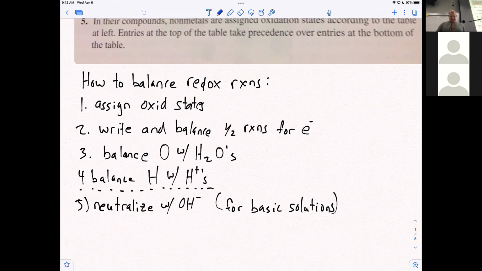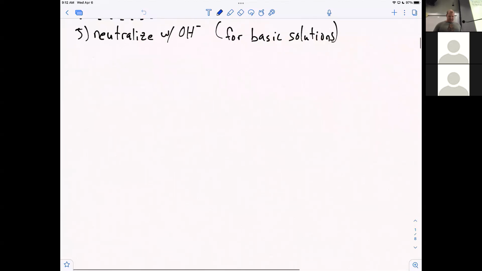Balance the oxygens with waters and balance the hydrogens with H pluses. If you are balancing in an acidic environment, you're done at step number 4. For a basic environment, you neutralize with hydroxides and then subtract the waters for an alkaline solution.